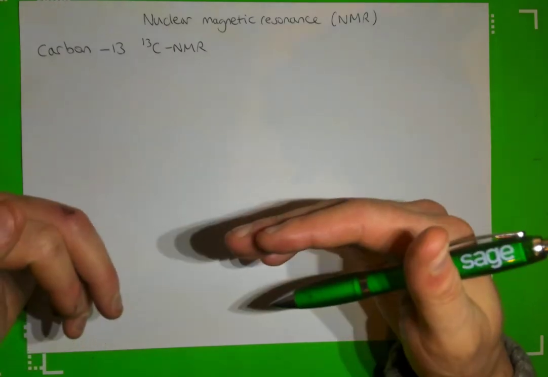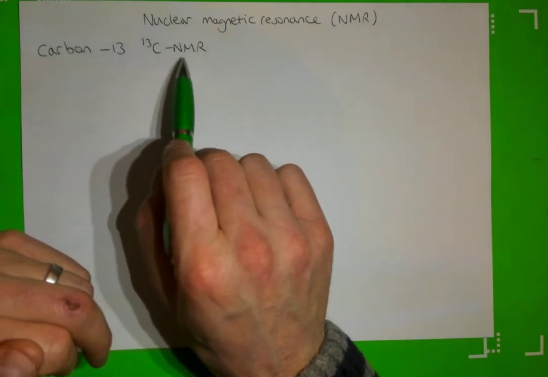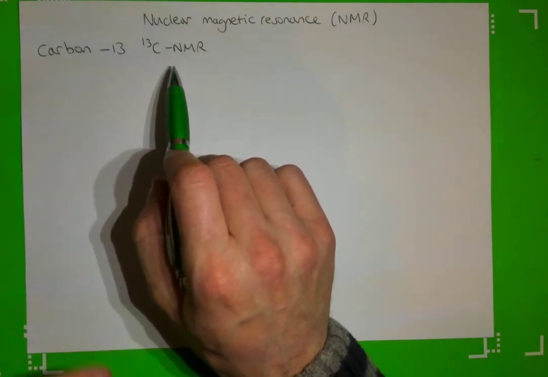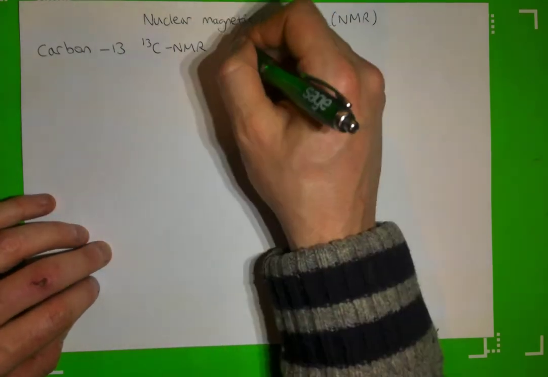So the first type of NMR we're going to look at is carbon-13 NMR. So this only works with carbon-13 and not carbon-12.